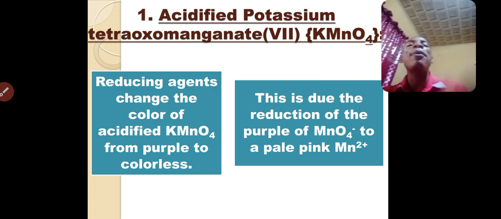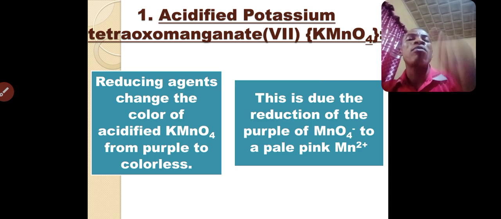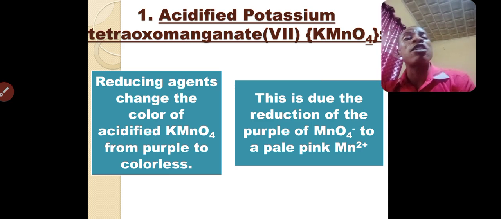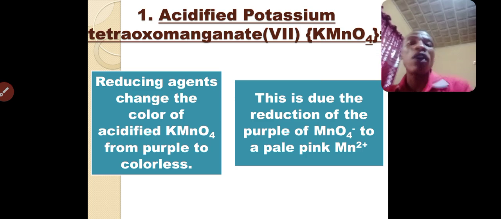Now the color of KMnO4 is purple. If you bubble a reducing agent into purple acidified potassium tetraoxomanganate 7, it changes from purple to colorless.